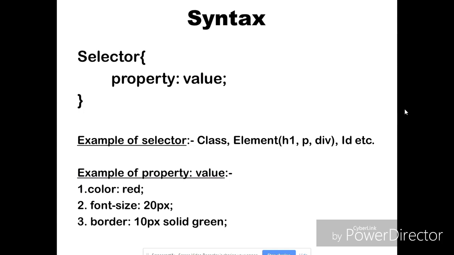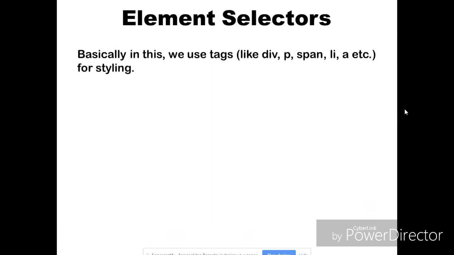Now we will discuss all the selectors like element, class, id, and so on. First of all, we will discuss element selectors. Basically in this we use tags like div, p, span, li, a, etc. to give the style. If we talk about the syntax of an element selector, first of all we write the tag name.